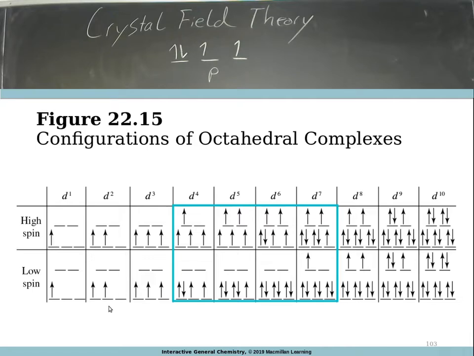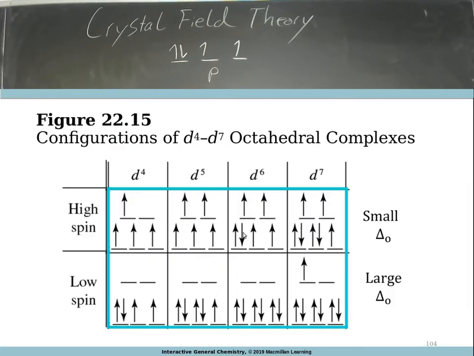And so for 4, 5, 6, and 7 electrons, you'll have a different electronic configuration depending on the magnitude of the crystal field splitting. And then back to 8, 9, and 10 electrons, it doesn't matter. They'll be the same either way. And we can kind of just zoom in on those 4 numbers where it matters, where you have a different configuration depending on whether it's high spin or low spin.